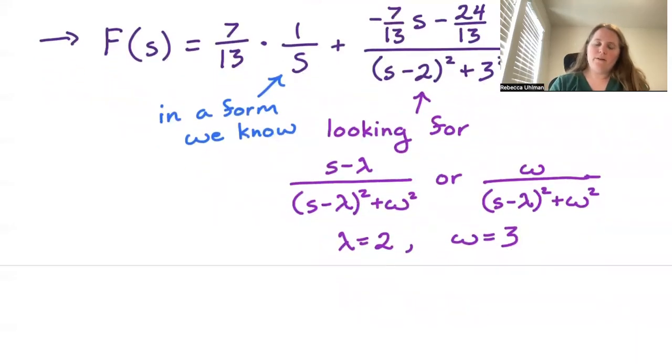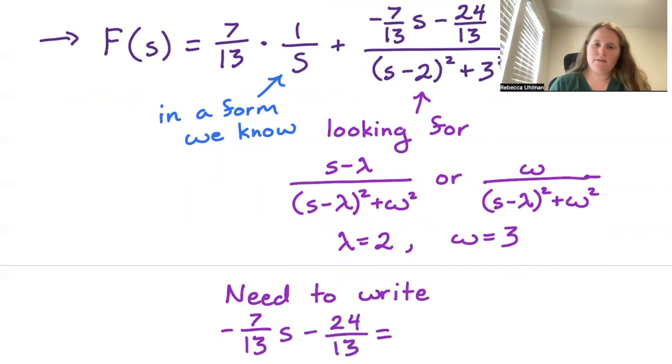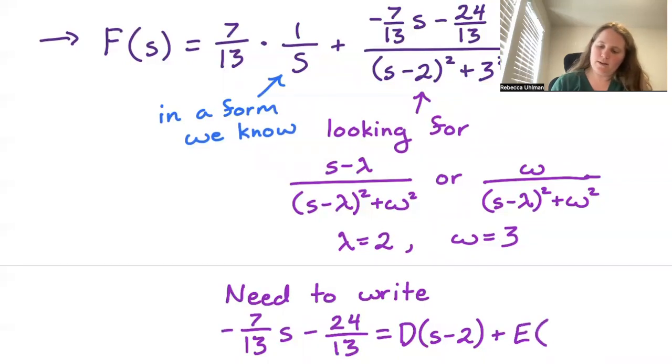So again, we need to write -7/13 s minus 24/13 as some number d times s minus 2, there's our s minus lambda, plus some number e times omega, which in this case was 3.